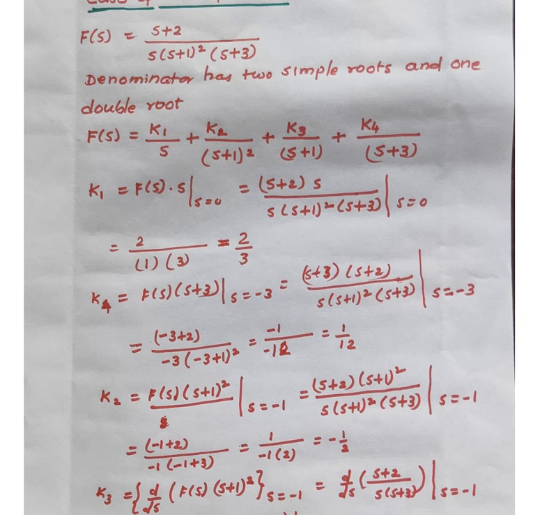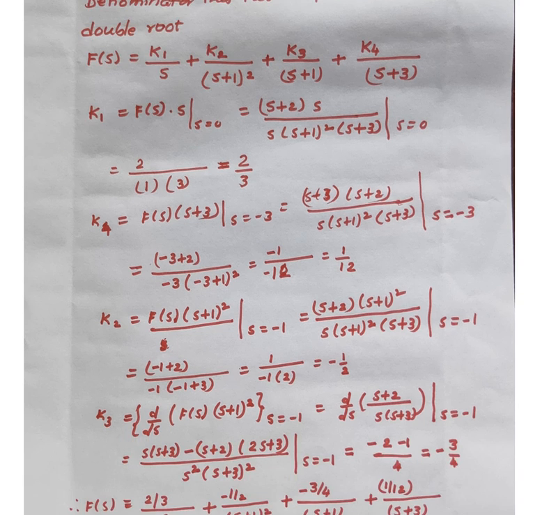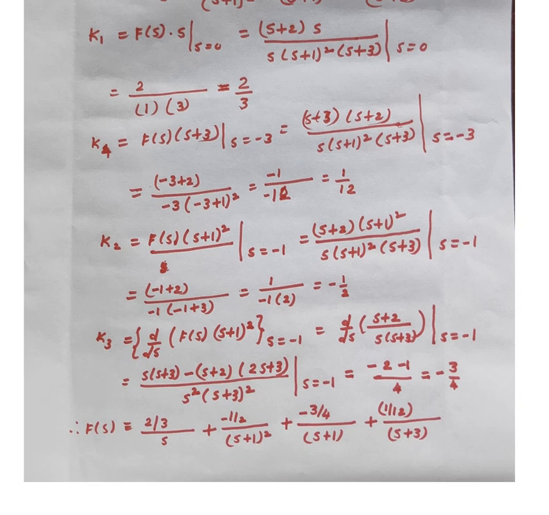Similarly, you have the k3 here. To get k3, what we should do is multiply F(s) with (s plus 1) whole square, then differentiate it once, and substitute s equal to minus 1. Once we do that, we get the format d by ds of (s plus 2) divided by s into (s plus 3). Differentiate it. This differentiation is in the form of u by v format.